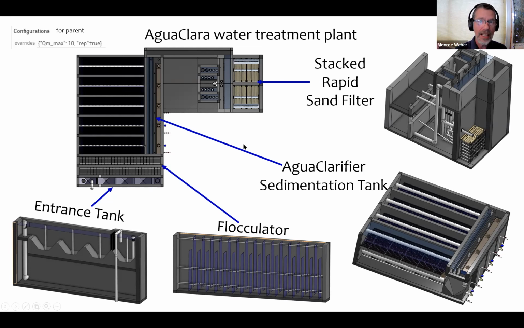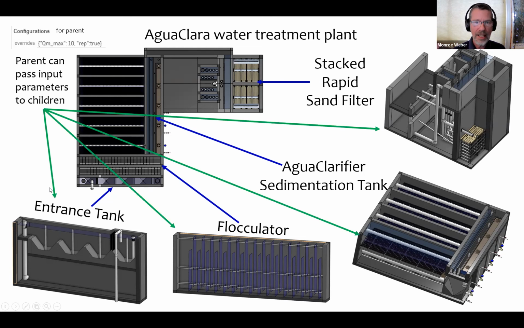And when that flow rate gets entered in, it then is passed through code down to each of the subunits so that they get designed to be the right size as well. So the parent passes the information down to the children, and that notion of parent passing down to children actually happens at multiple levels within our designs.